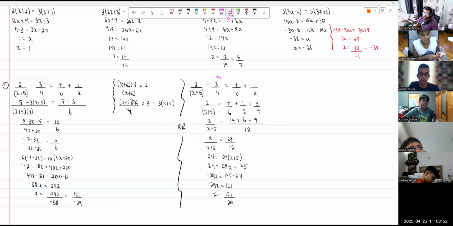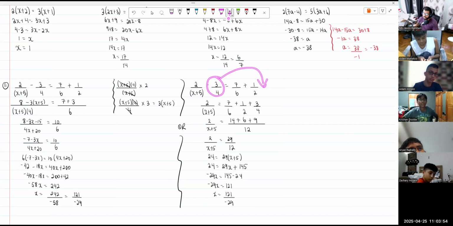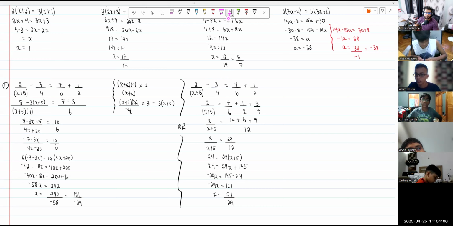So knowing when to move across a fraction to make your working a little bit easier is very, very important. Do you all understand that? Questions? Any questions?